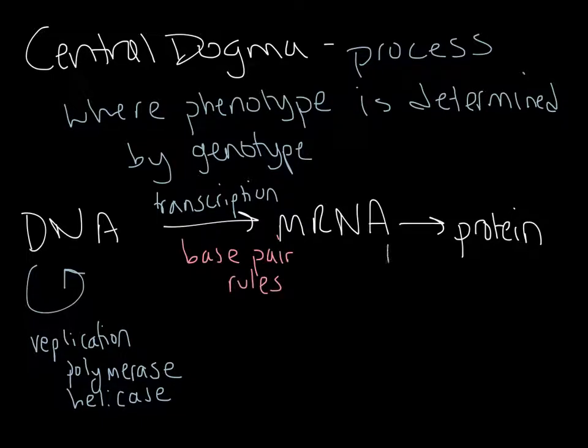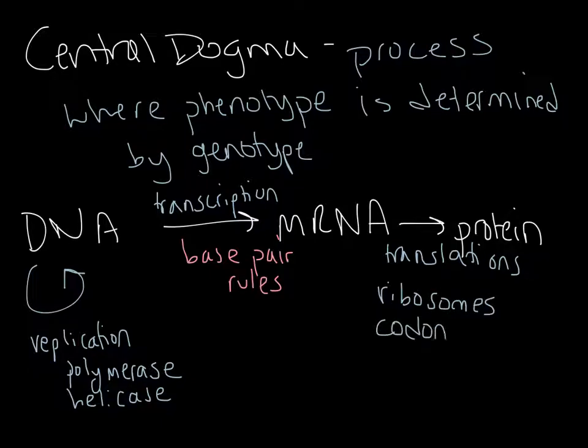And lastly, translation, where messenger RNA becomes proteins. Key factors here are ribosomes, codons, and the genetic code. We'll break down what happens in each step, from replication, transcription, and translation, and we'll also talk a little bit about regulation. So first off, what happens during replication?